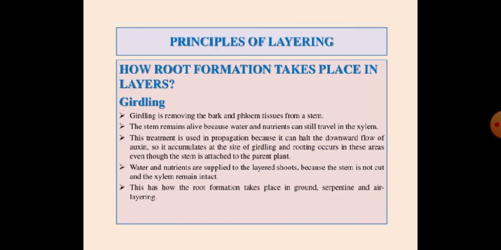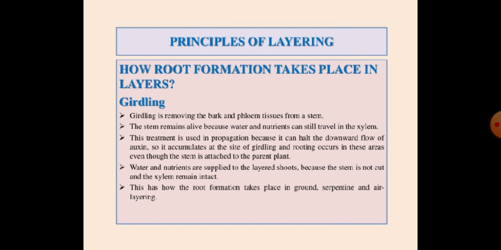Then, principles of layering. Girdling is the removal of the bark and phloem tissues from a stem. The girdling process is very important: the bark as well as the phloem region of the plant is removed. The stem remains active because water and nutrients can still travel in the xylem. So do not remove the xylem.